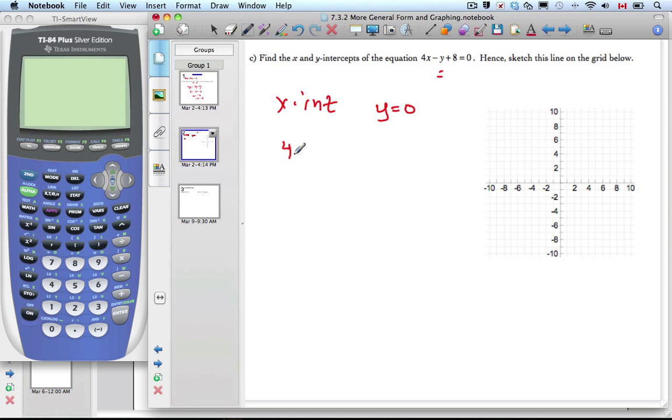I have 4x minus 0 plus 8 equals 0. Bring the 8 over: 4x equals negative 8. After we divide by 4, x is going to be negative 2. So my graph is going to cross at negative 2.